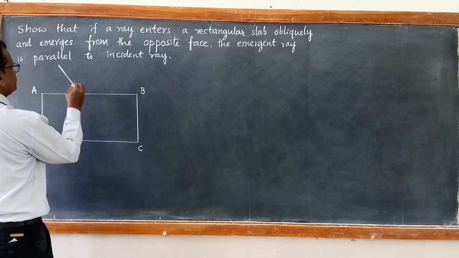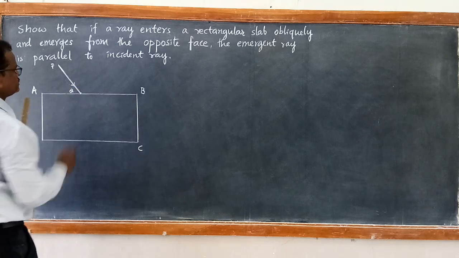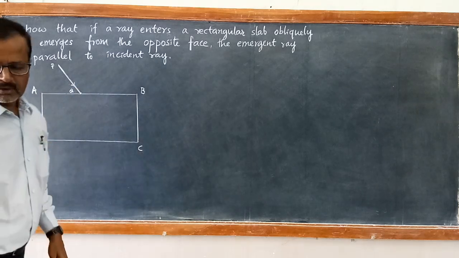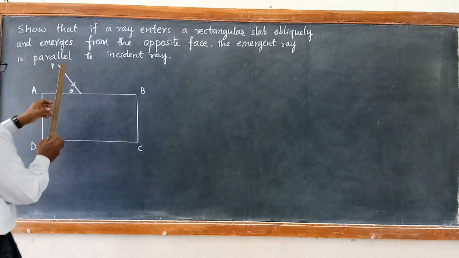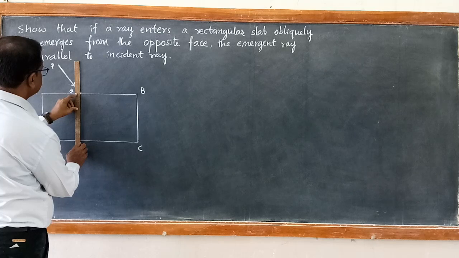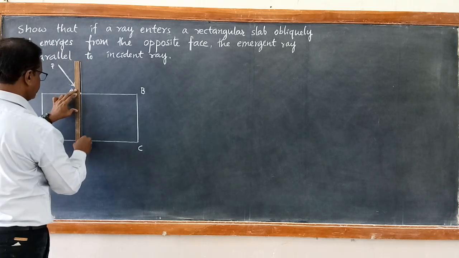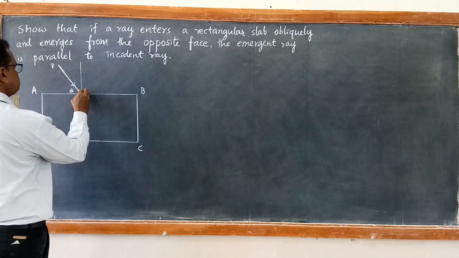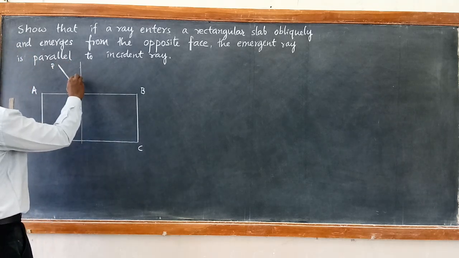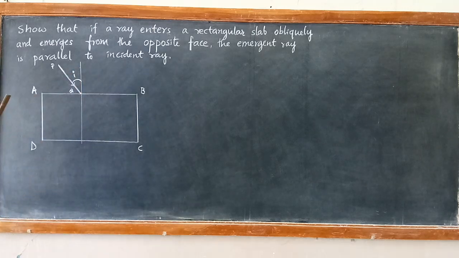Let us say it is PQ. PQ is the incident ray. Draw a normal over there. This is the normal. Extend this normal. Okay. The angle made by the incident ray with the normal is the angle of incidence.